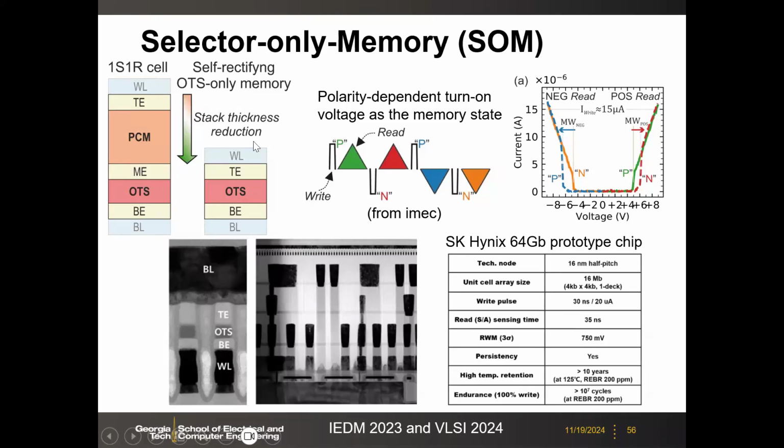So, but anyway, here the key idea is to get rid of the phase change memory altogether. They want to use just the selector as a memory. This sounds weird because a selector is a selector, right? Selector actually is not a memory. If you recall my statement before, selector ideally is a switch.